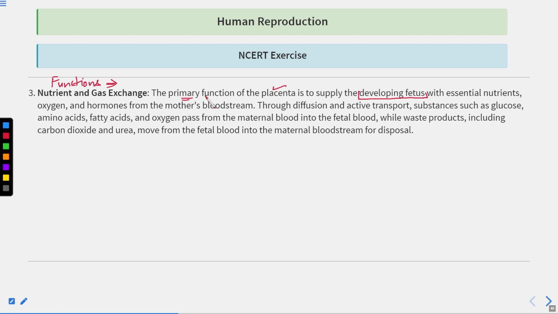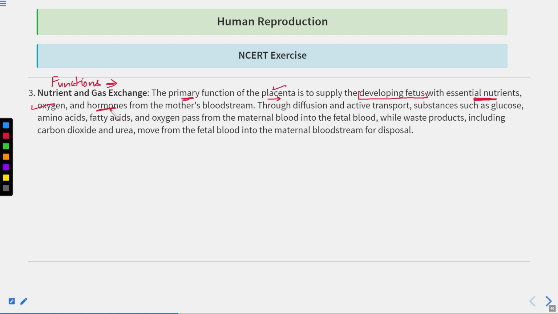Clear? So the primary function of the placenta is to supply the developing fetus with the essential nutrients. These nutrients are absorbed from the mother's blood. It also provides oxygen to the developing fetus. And the placenta is also an endocrine tissue, meaning it secretes hormones. So what are endocrine glands?